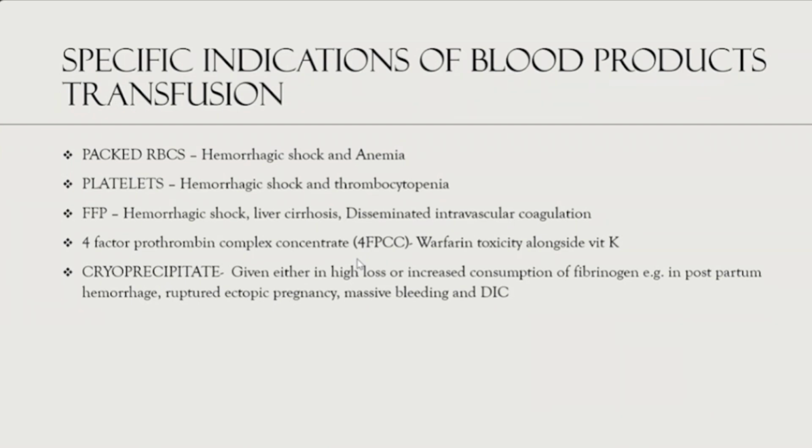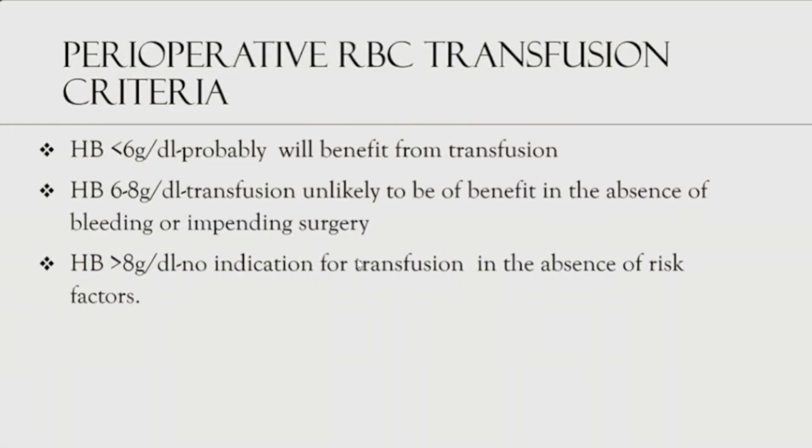So if you've used up the fibrinogen, or you've not produced sufficient fibrinogen, then you are eligible to be given the cryoprecipitate, and it's usually given in postpartum hemorrhage, in ruptured ectopic pregnancies, in massive bleedings, and also in disseminated intravascular coagulation.